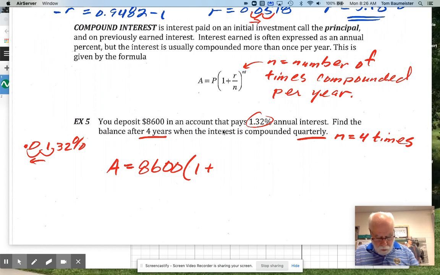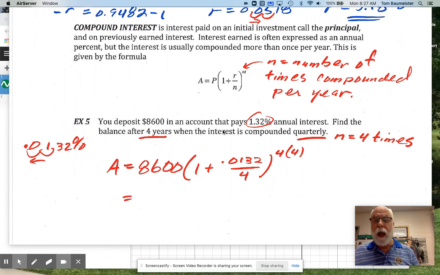So we're going to have 0.0132, and that's going to be divided by 4. That's our N. And then we're going to have our N, which is 4, and then our T, which in this case was 4 years. All right, so now you should be able to plug it in exactly like you see it right there, ladies and gentlemen, in your calculator, and you should get $9,065.49.